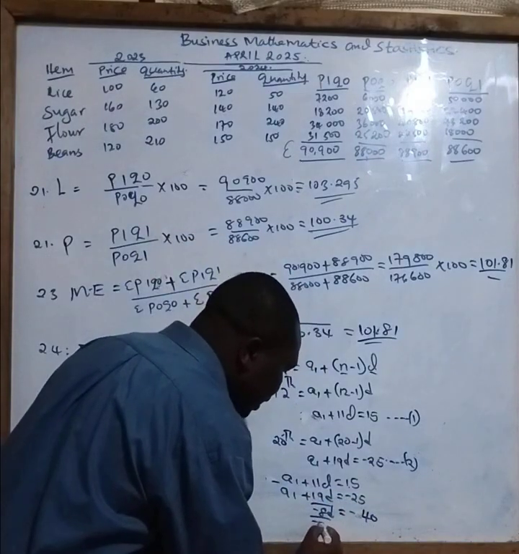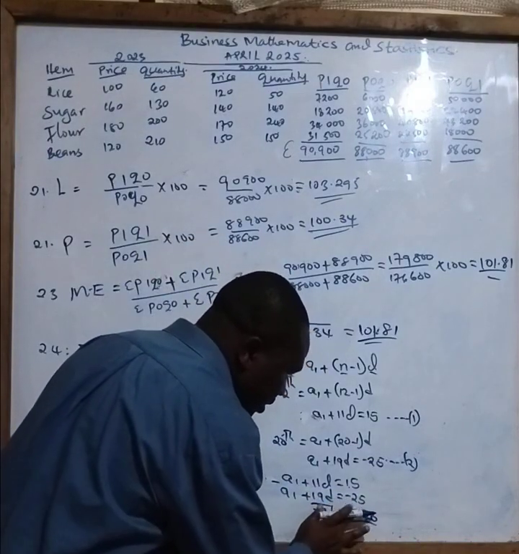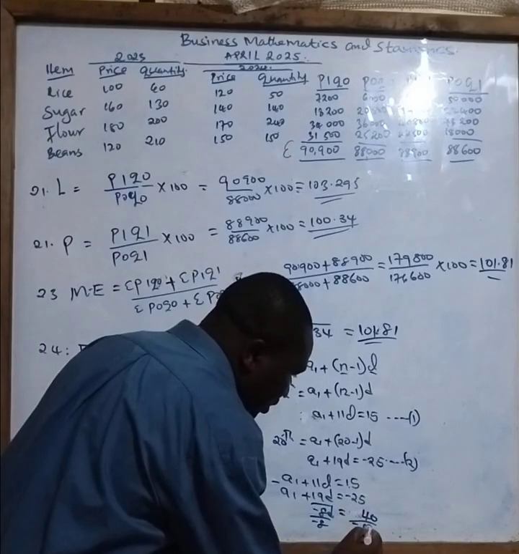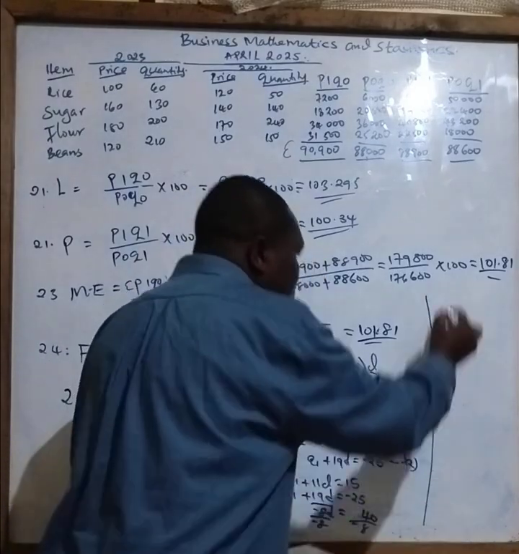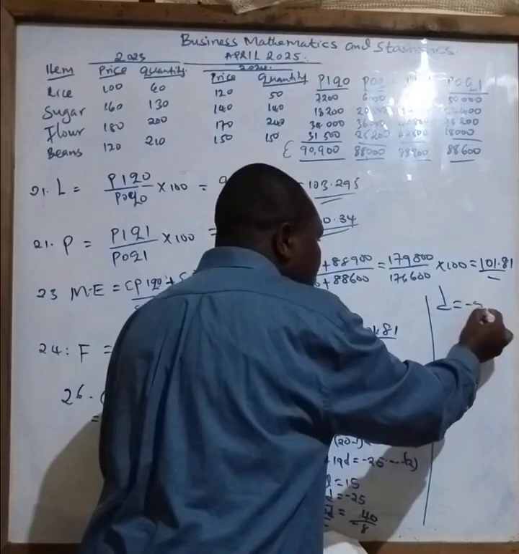Then you divide by negative 8. So your d, the difference, is negative 5... wait, 5.